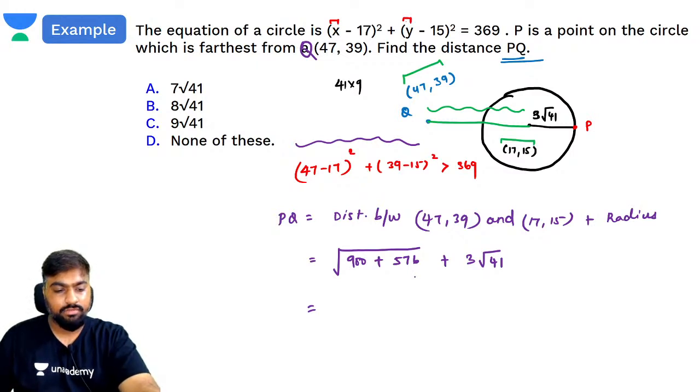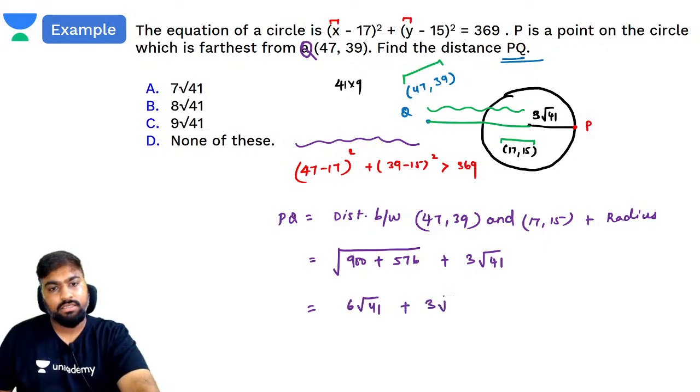The root of 1476 is 38.41 something, but you know that 1476 will be divisible by 41. 1476 is divisible by 41 36 times, so this is 6 root 41 plus 3 root 41, that comes up to 9 root 41.